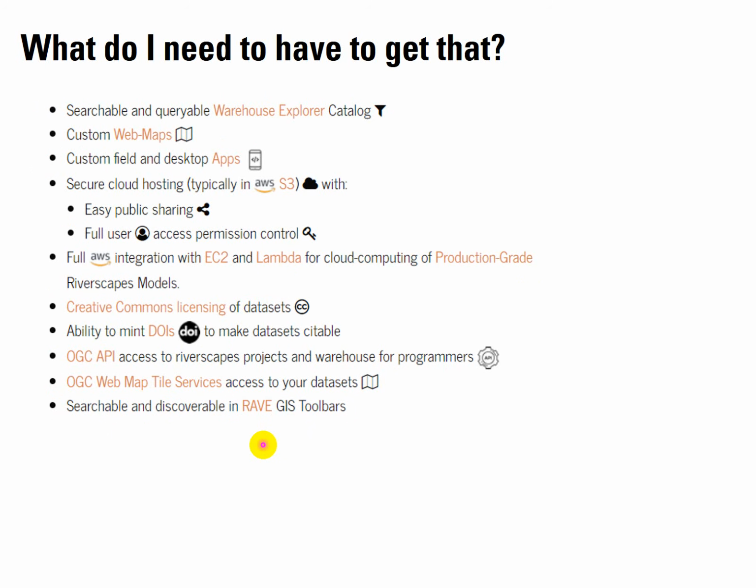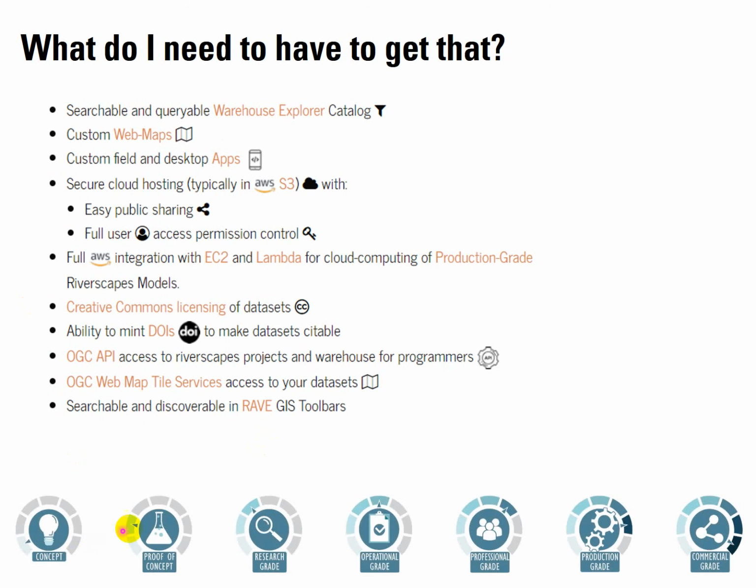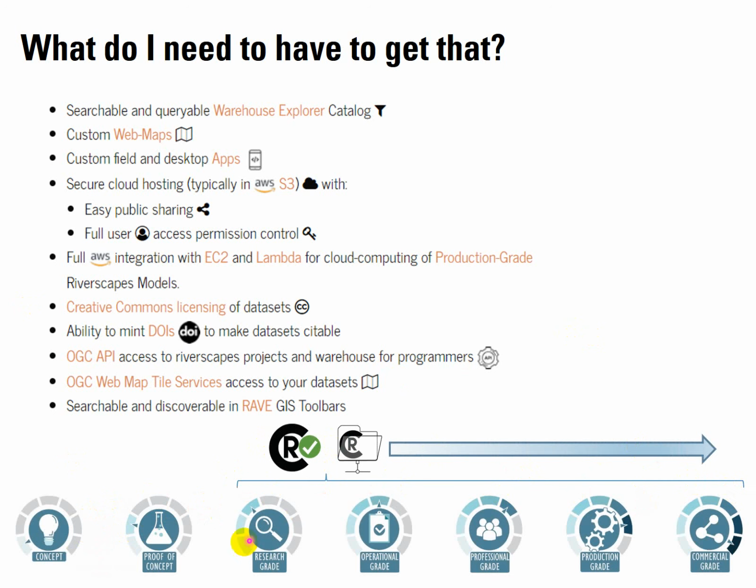And so what do you need to get that? Well, if we come back to those concepts that we had of tool grade, pretty much anything that's Riverscape compliant is producing Riverscape projects, and that's anything from research grade on up, okay? But if we take a closer look, these research grade and operational grade, this is the sort of development, right?